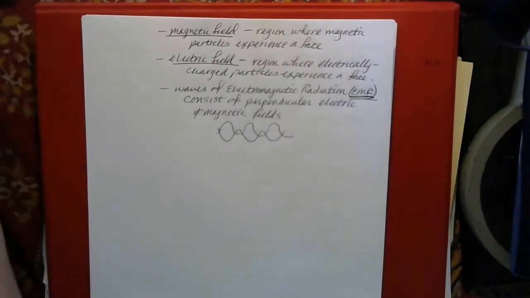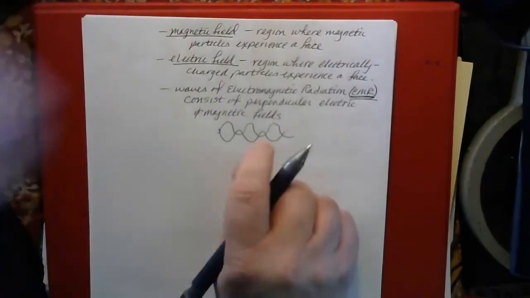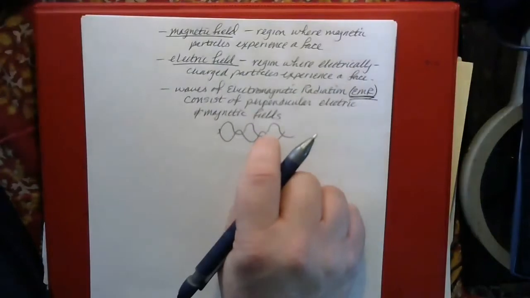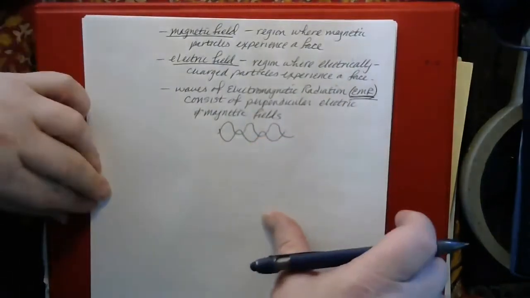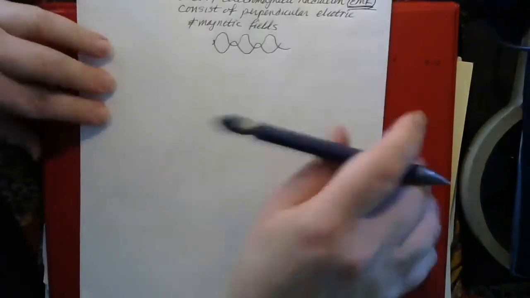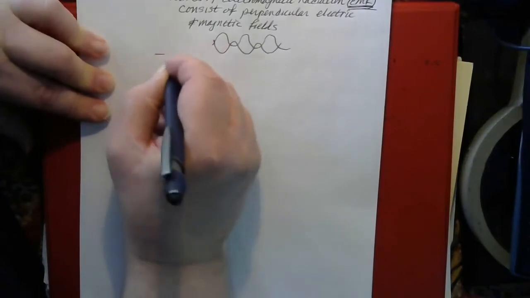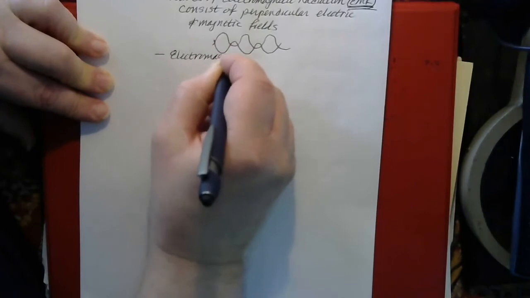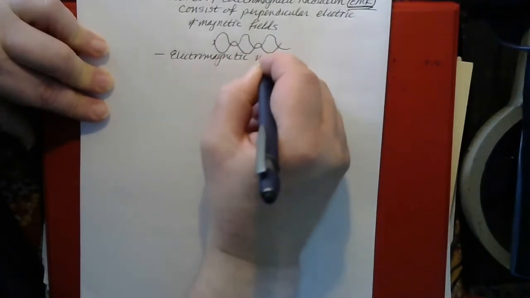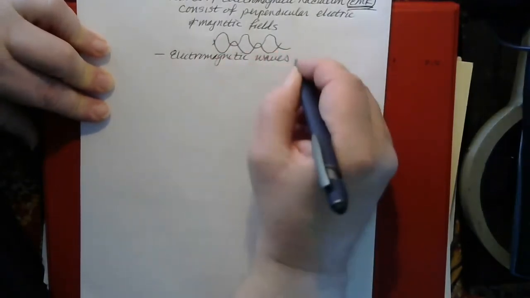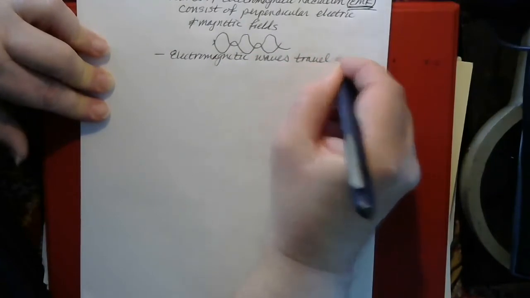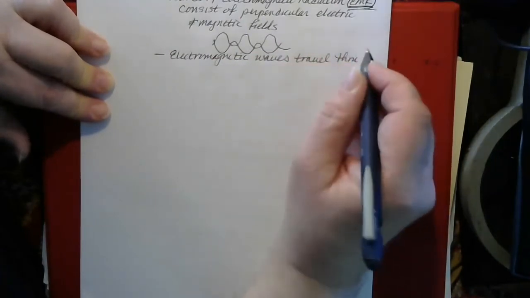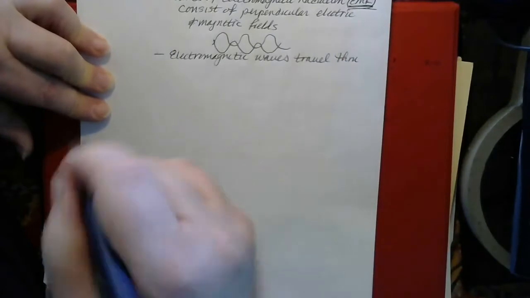So that's what we're talking about here. Electromagnetic waves of all kinds travel forward through space at the speed of light.